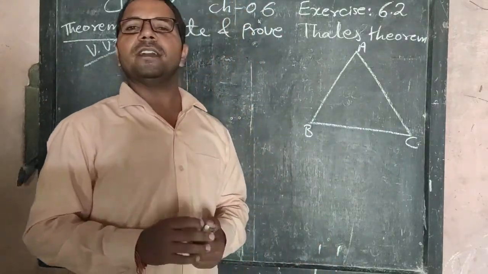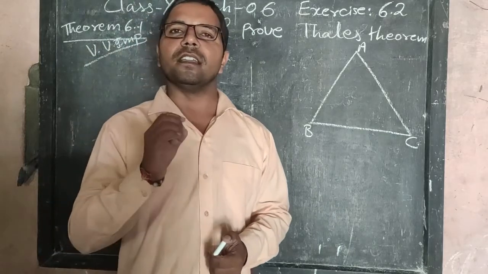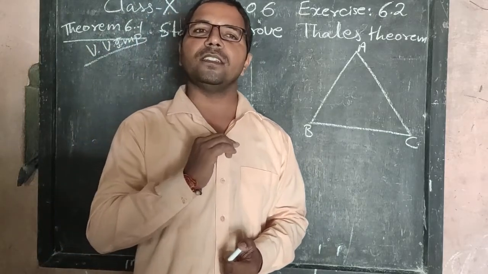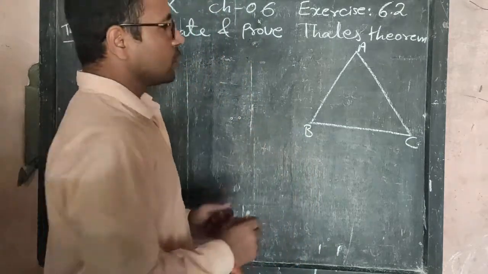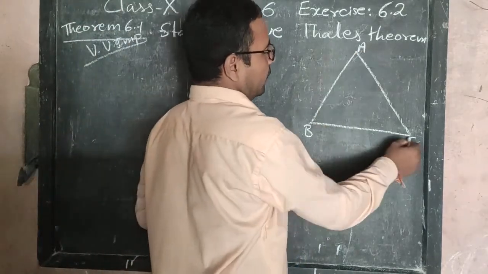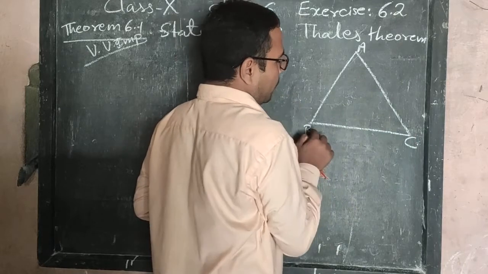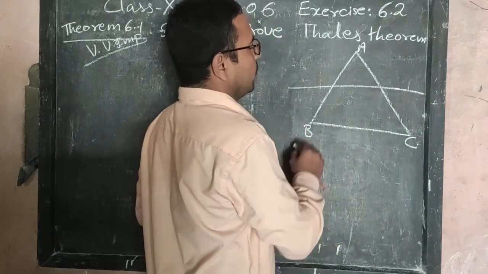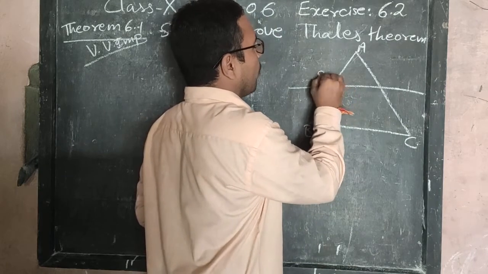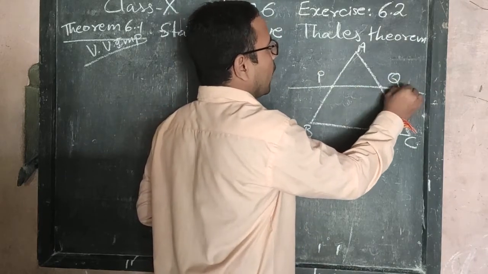In the statement it is written: if a line is drawn parallel to one side of the triangle. Suppose we have taken one triangle ABC and one line is drawn parallel to BC which intersects at points P and Q on the other sides.